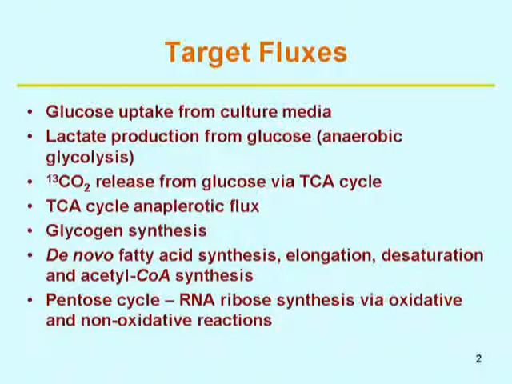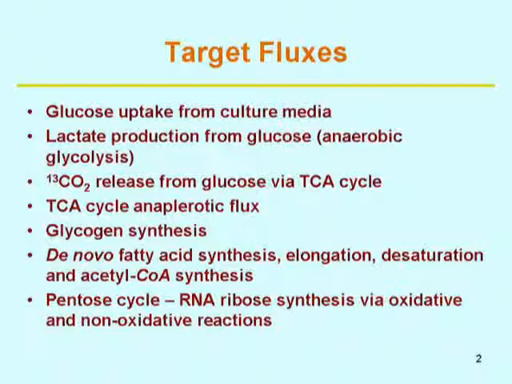We were interested in finding out how TCA cycle anaplerotic flux is changing in response to deuterium depletion. Anaplerotic flux means the anabolic use of glucose. So any substrate that is not disposed of in the form of 13CO2 is used for some kind of exchange or net production of TCA cycle metabolites or intermediates.